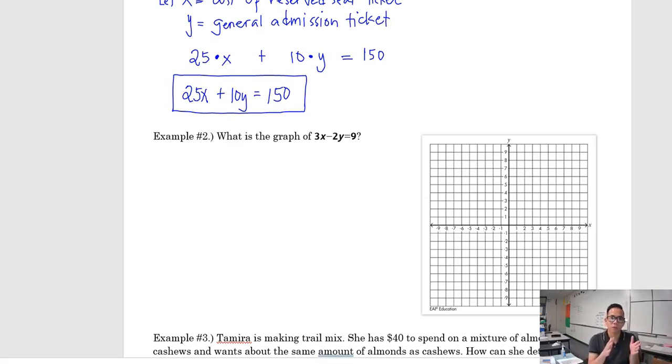For the x-intercept we let y be 0, and for the y-intercept we let x be 0, right? So we'll be doing it by steps.